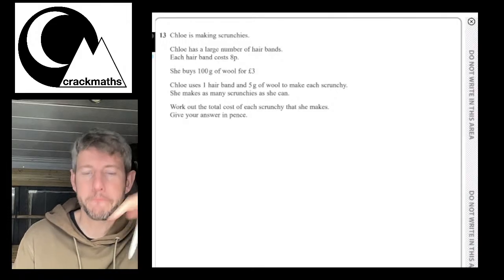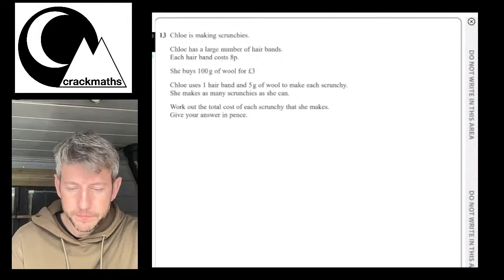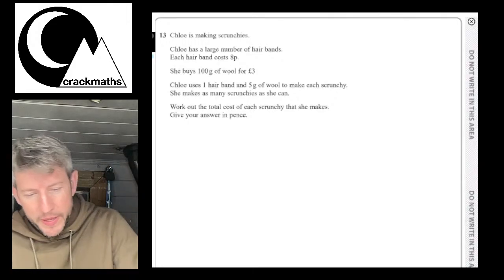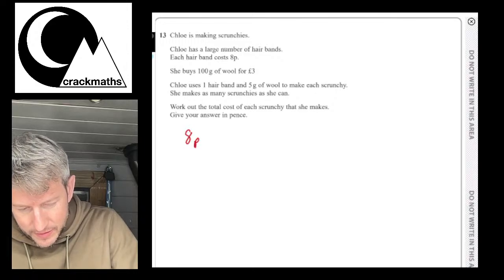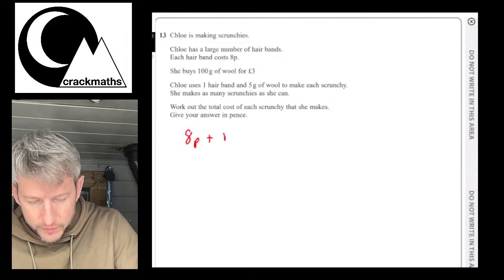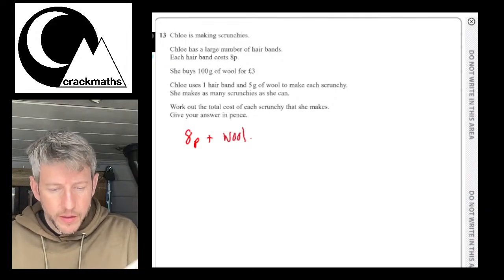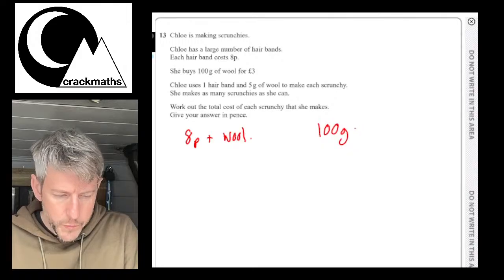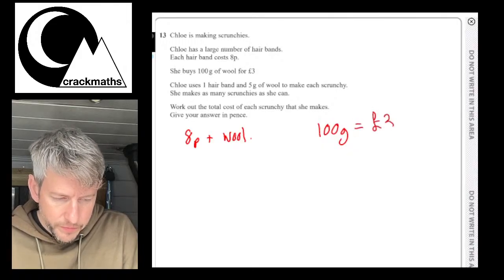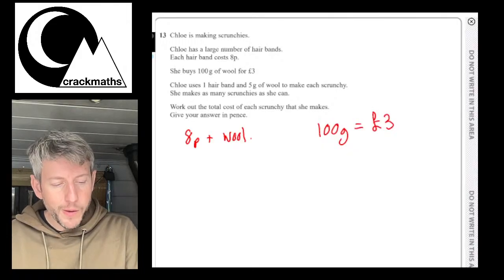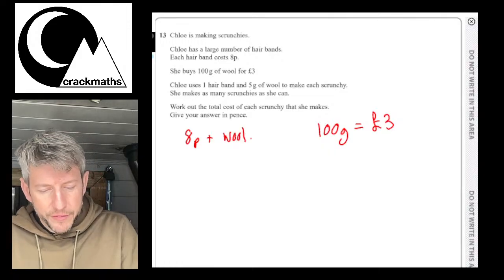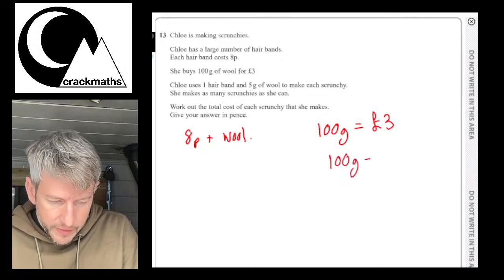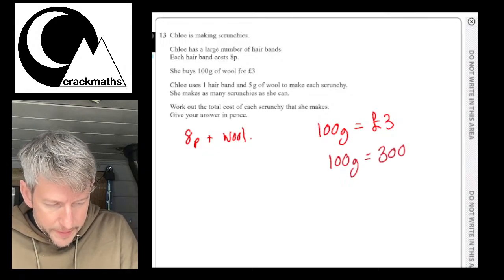Right. We know that a scrunchie is going to cost 8p for the hairband plus the cost of the wool. We know that 100 grams of the wool equals £3. I'm going to change this £3 into pence because the cost is going to end up being in pence. So 100 grams of wool equals 300p.